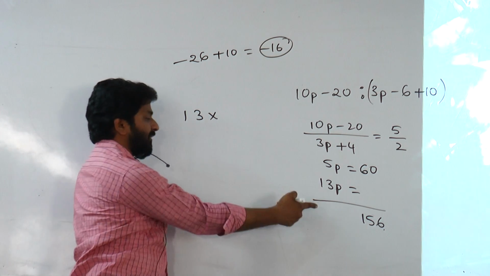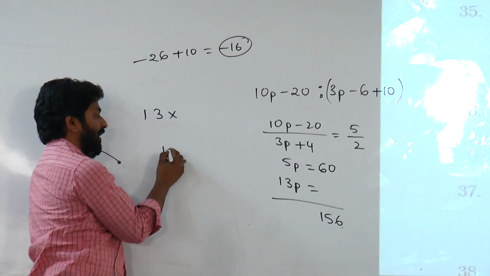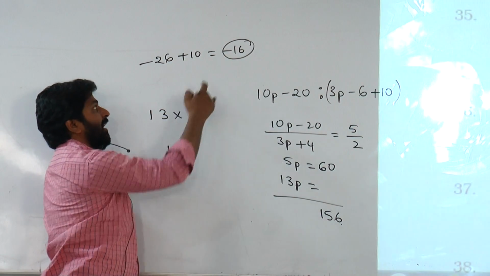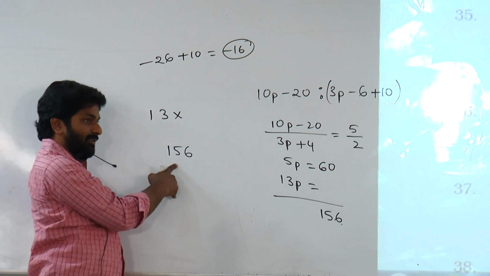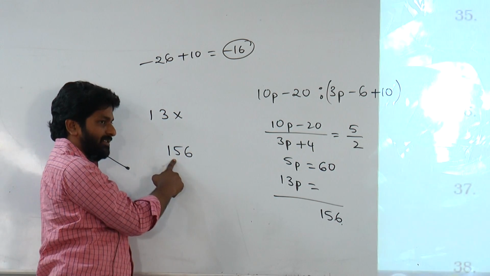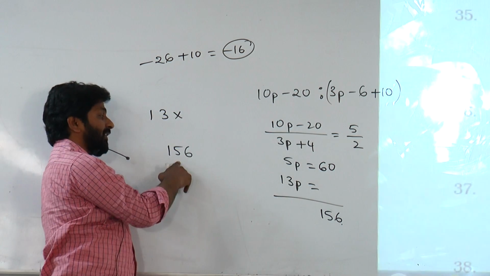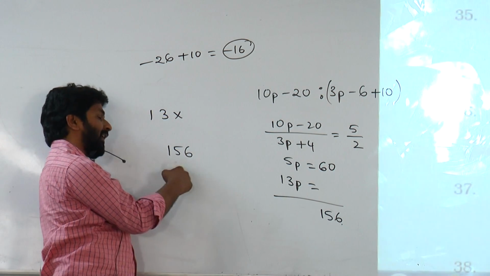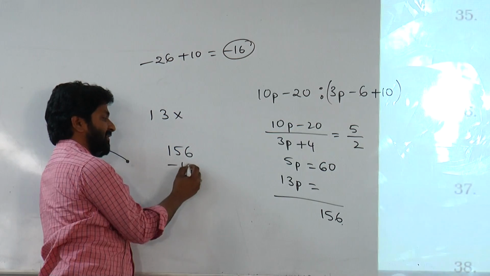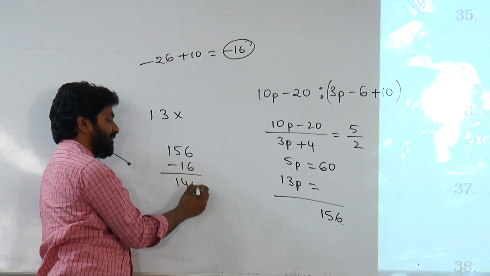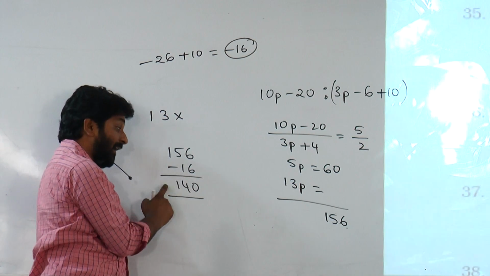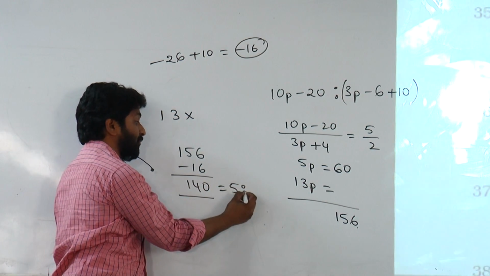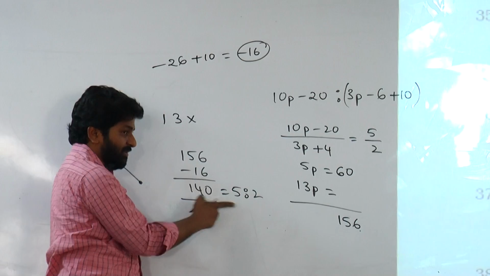So if you take 156, this is 13 multiple, and initial quantity is 156, and from this you are taking 26 liters out and then you are adding 10 liters, effect will be minus 16. So remaining quantity is 140. Final quantity is 140, and it must satisfy the 5:2 condition. In the sense this number must be 7 multiple also.